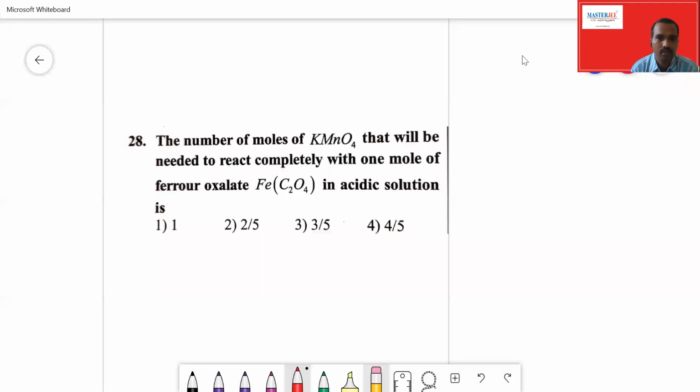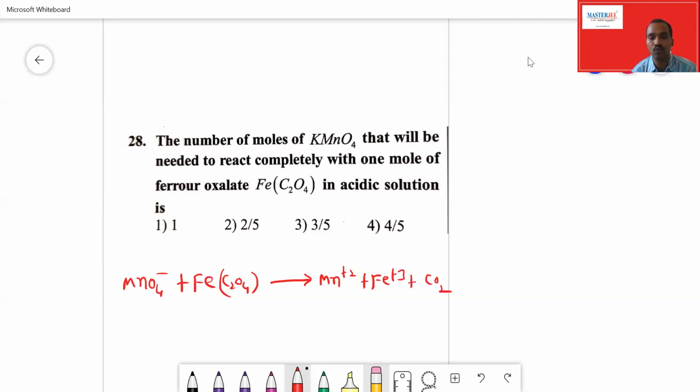Next question: the number of moles of potassium permanganate that will be needed to react completely with 1 mole of ferrous oxalate FeC2O4 in acidic solution is. Take MnO4 minus plus FeC2O4, ferrous oxalate. When it reacts, it forms Mn plus 2, Fe plus 3 plus CO2.